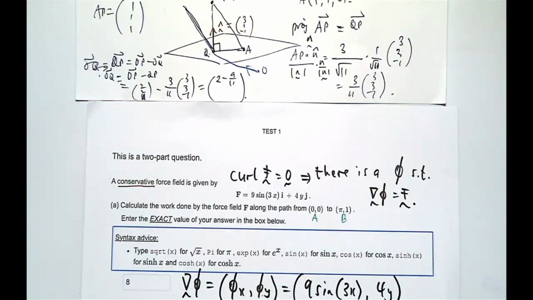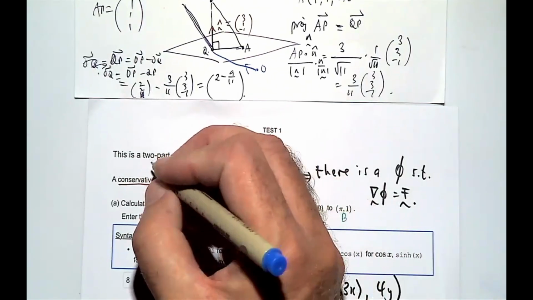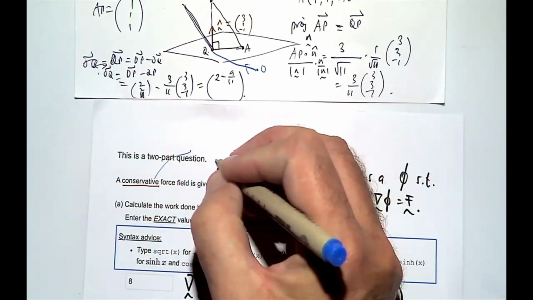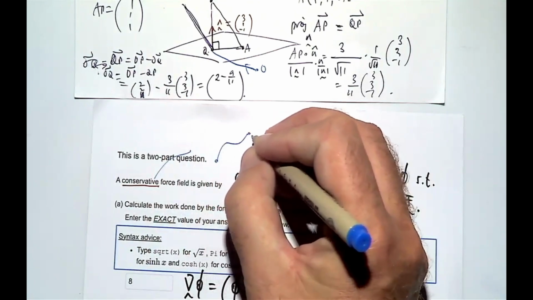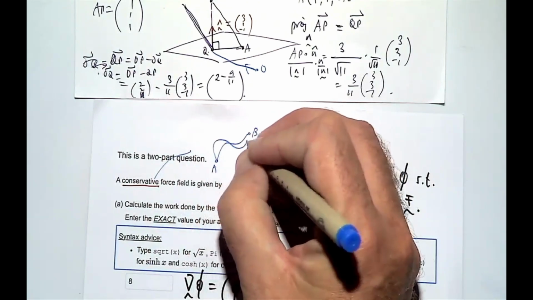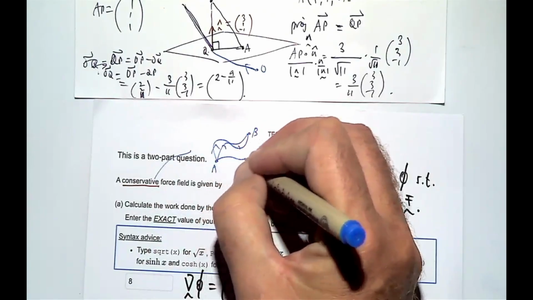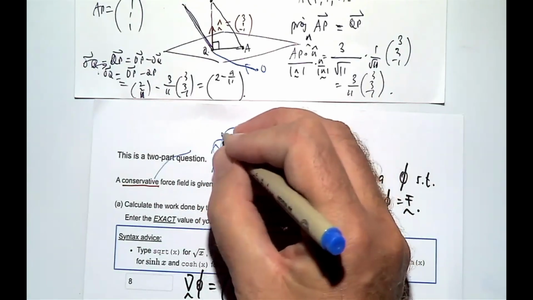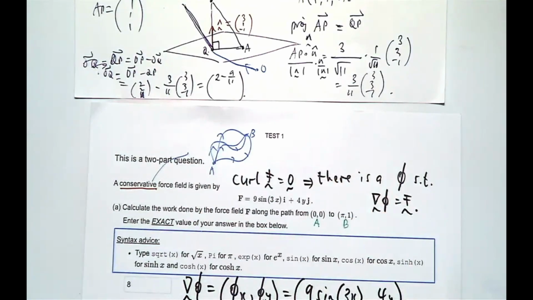The term conservative, right? Basically, when we're talking about a conservative field, it basically means that if you move something along a path between the 2 points, a conservative field is independent of the path, right?